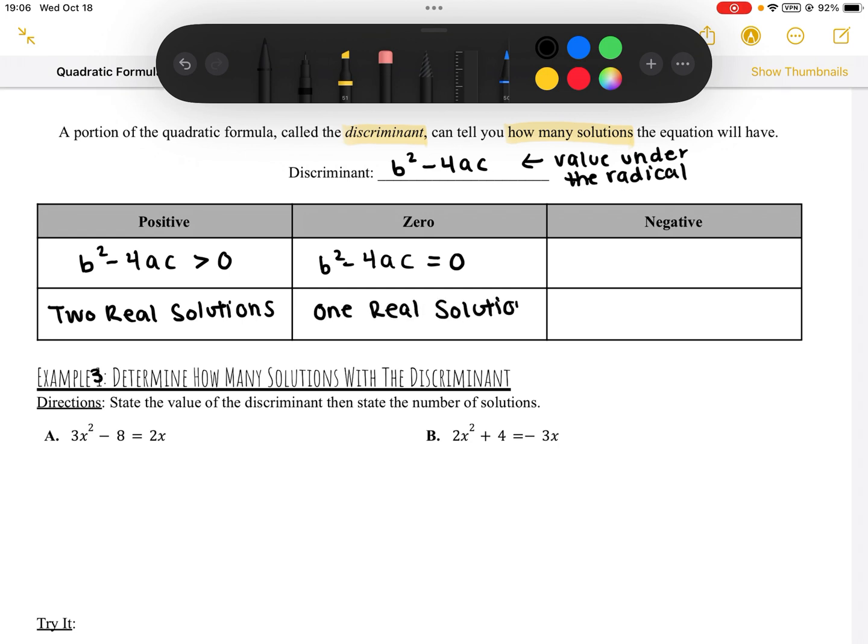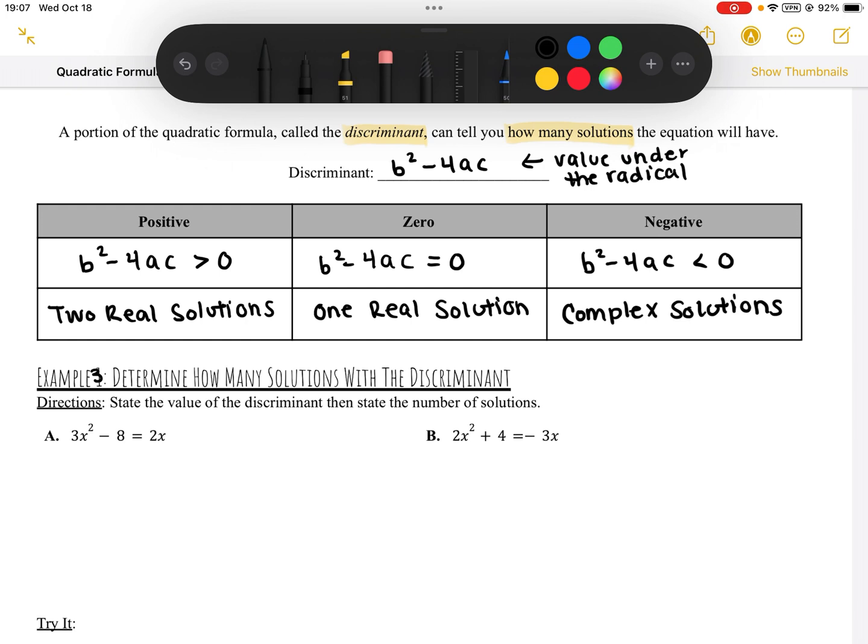And we saw that in our very last example, the try it example 2D, which had 1 real solution. Then if your discriminant is negative, b squared minus 4ac is less than 0, you are going to have complex solutions. That means you're going to have an imaginary number as a part of your solution.